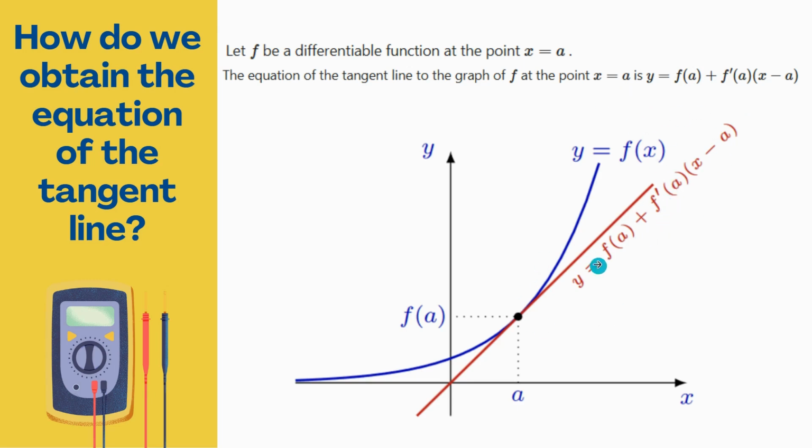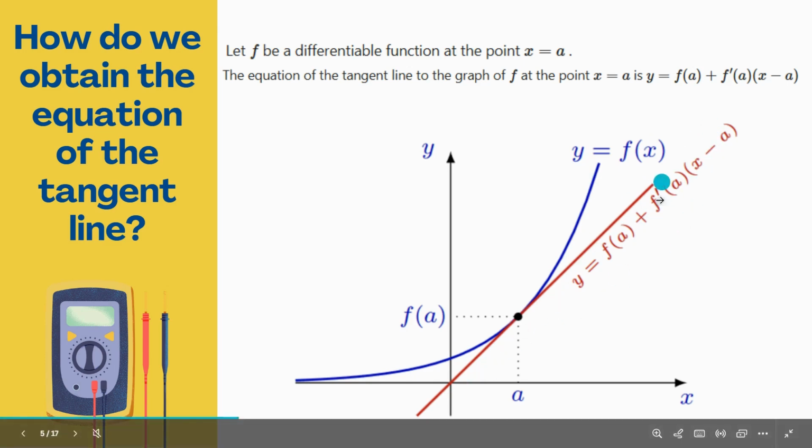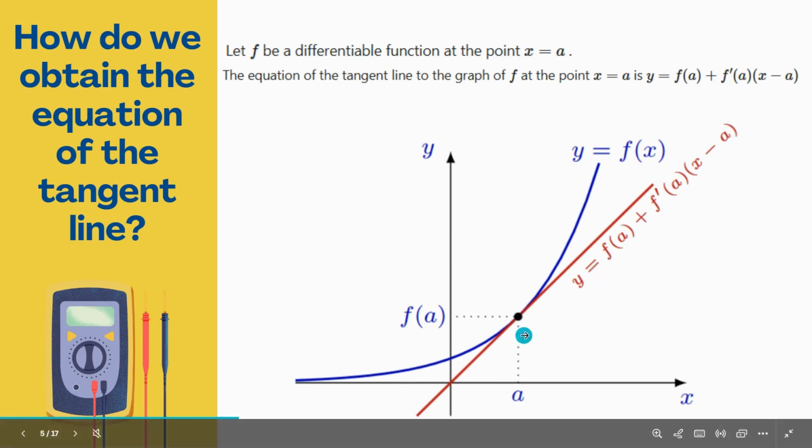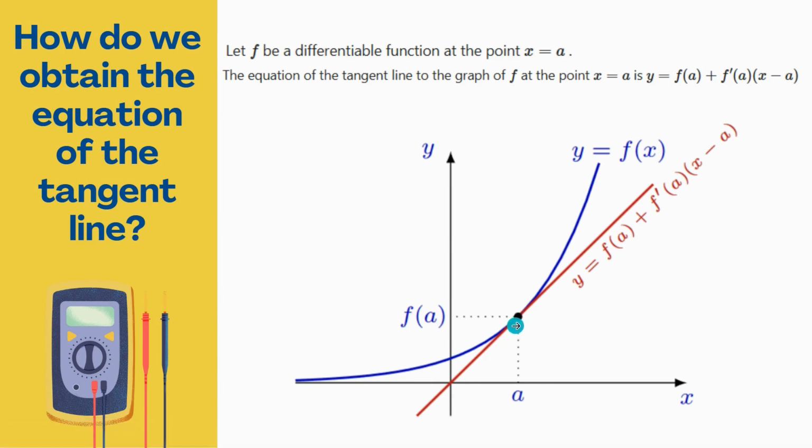As you see here, we've got the function graph with equation y equals f of x. And this is the tangent line, and this is its equation. So the tangent line approximates the function's behavior near x equals a. As we see here, it simplifies calculations and provides valuable insights into the function's behavior.